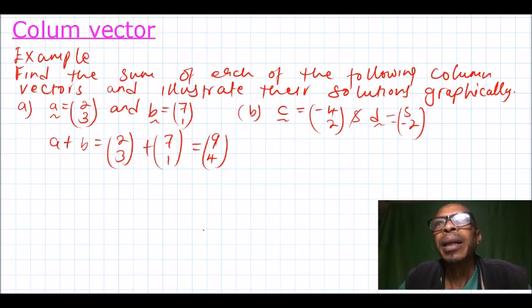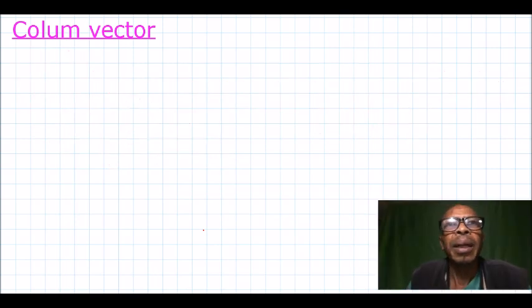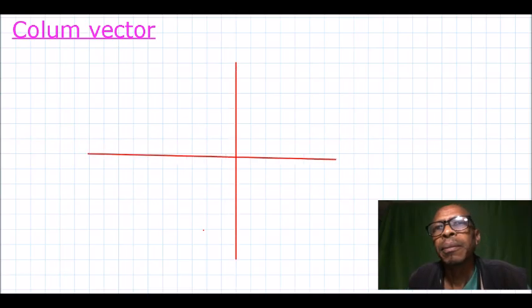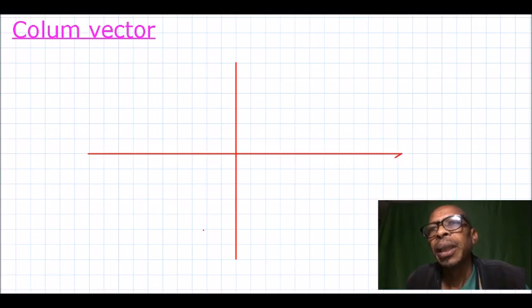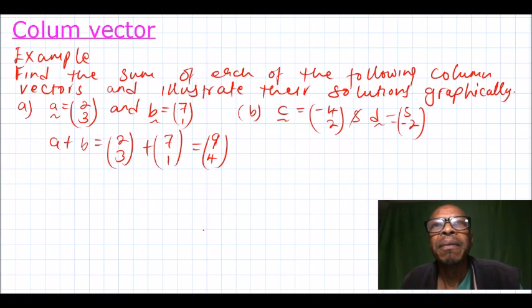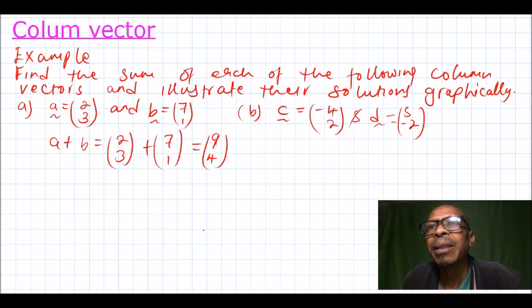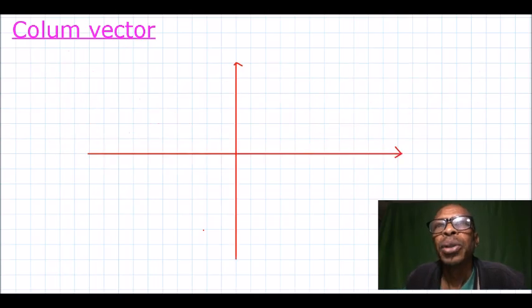Let's draw the Cartesian plane. So this is our Cartesian plane. We label our Cartesian axes: y and x.